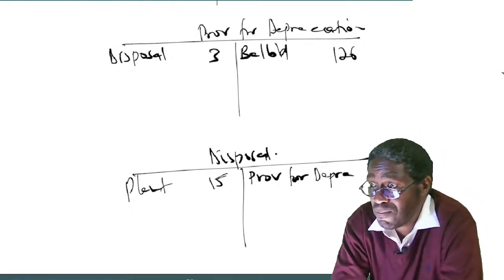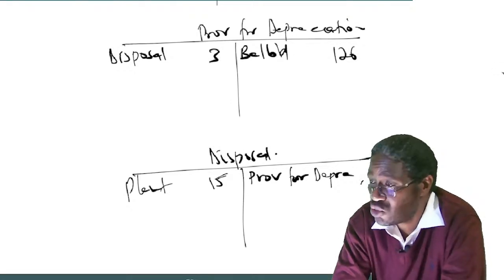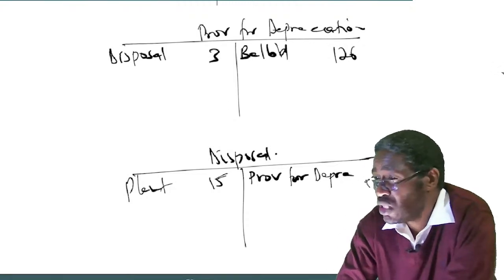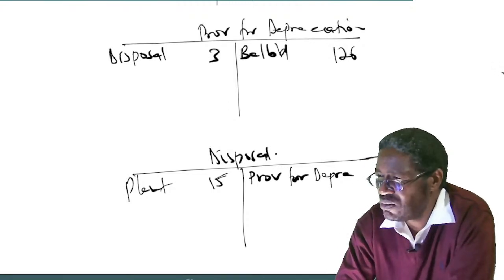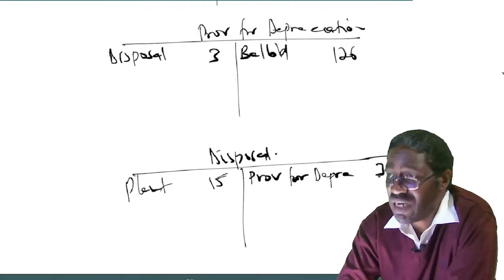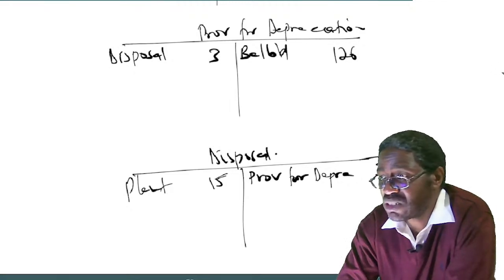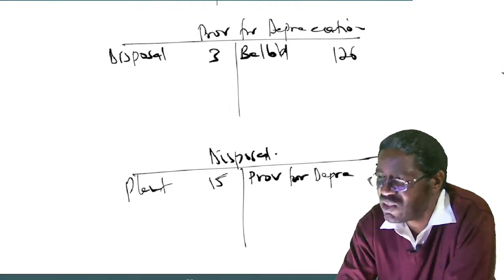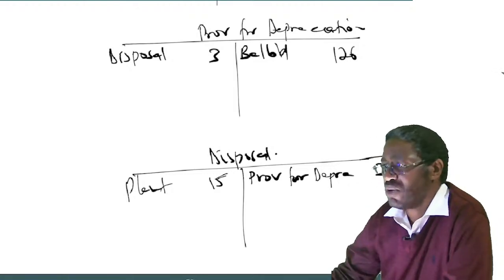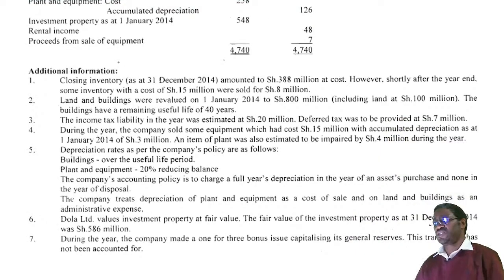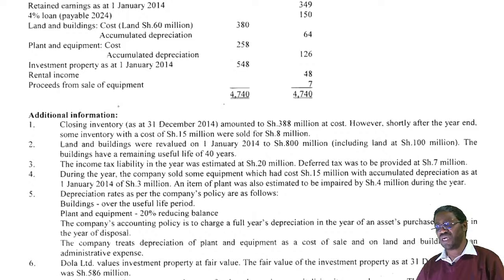Step 3 says, you record the cash received on disposal. I am reminding you of these steps, but I do hope you still remember them as per your financial accounting knowledge. Step number 3 normally says, record the cash received on disposal. And I do remember, when we were reading the trial balance, the last item in the trial balance is proceeds from sale of equipment.